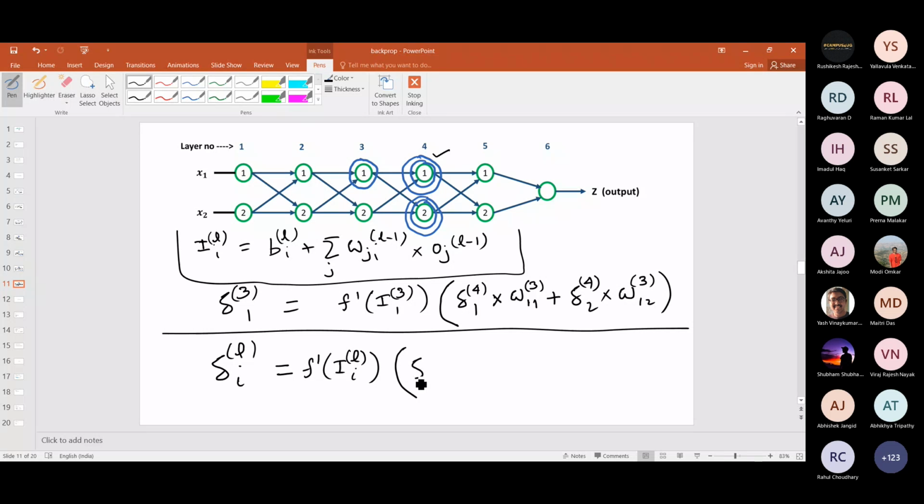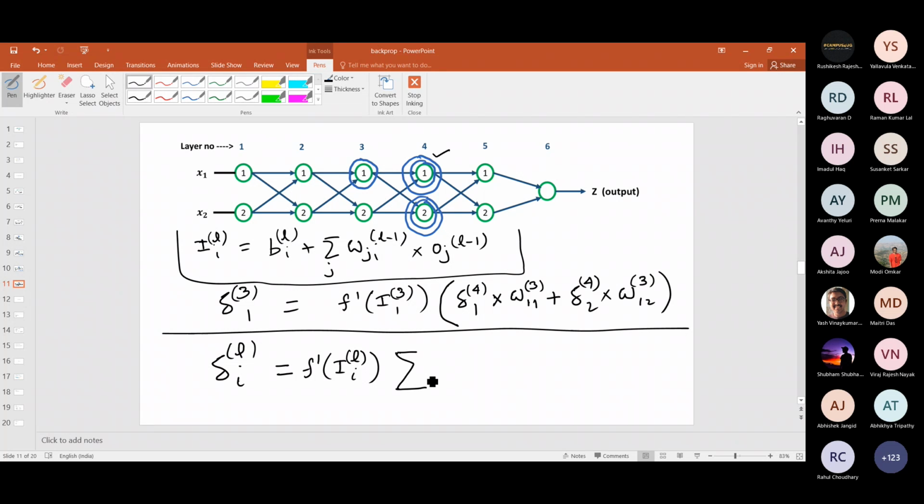Then what would be this other expression? Delta I in layer L plus 1 into, for this particular network, right? We're talking about any general network. So if I generalize the whole thing, not thinking about this one, what would that be? That means any layer would have n number of neurons. Can you suggest any formula? Remember that this depends on the neurons connected with this one. So there would be something like a summation, right?